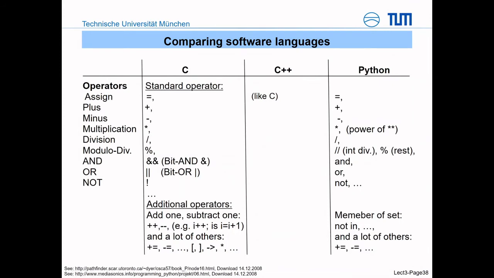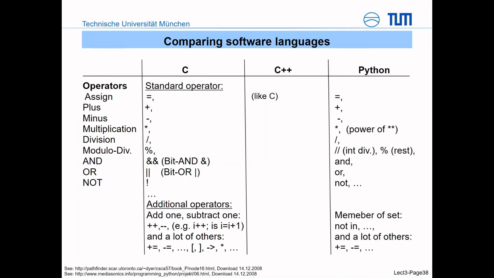So remember, we had as another thing that we want to do operations. So we need operators, assignment, plus, minus, multiplication, and so on, or logical operators. So there are small differences in the naming. So for example, in Python you have an AND, and in C you have a double AND symbol to have the logic AND, things like that, but the rest is very similar.